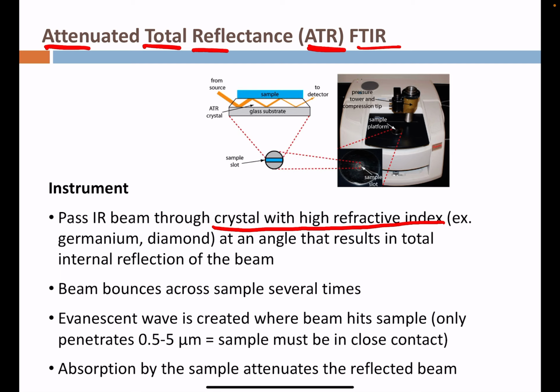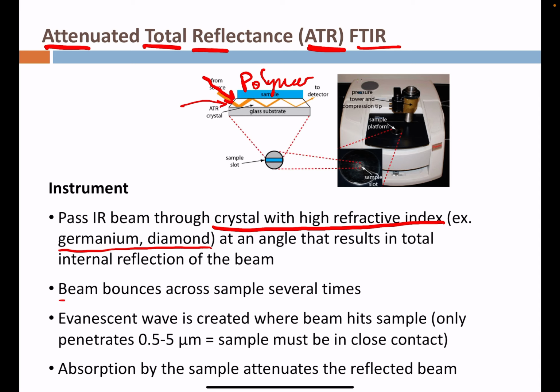Here a sample, for example a polymer, could be pressed up against the crystal, shown in the white material. As our beam passes, we see total internal reflection as the beam reflects off the interface between sample and crystal. The crystal is typically germanium or diamond, which has the appropriate refractive index to give us this high likelihood of total internal reflection.